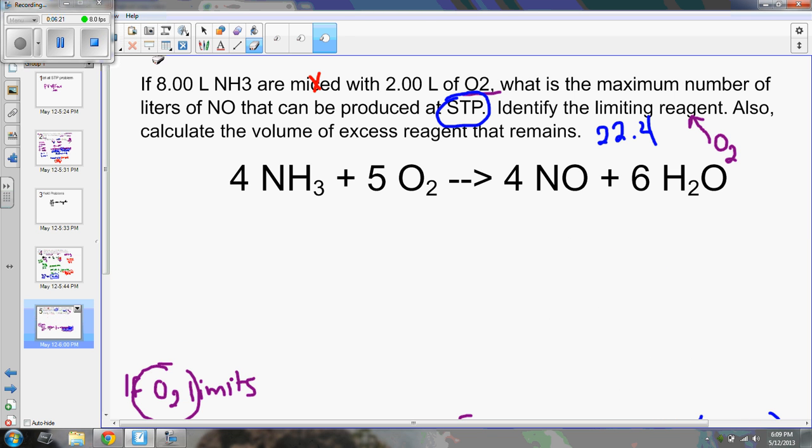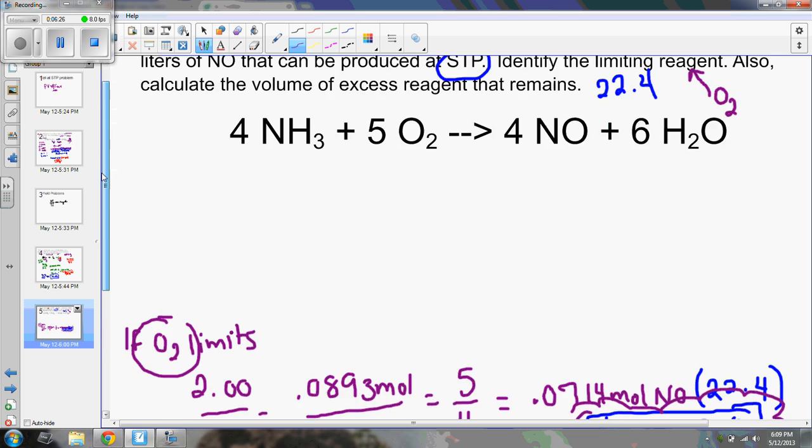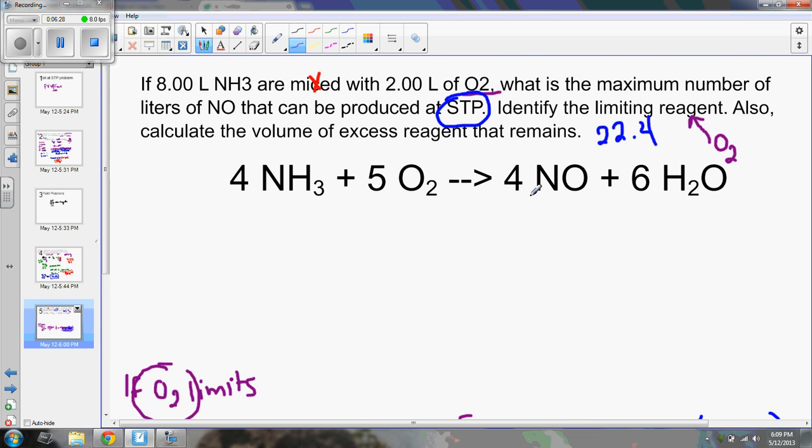The most that could possibly be made is 1.60 liters. That's the most NO that could be produced based on the limiting reagent.